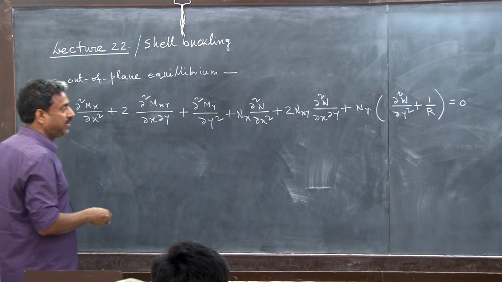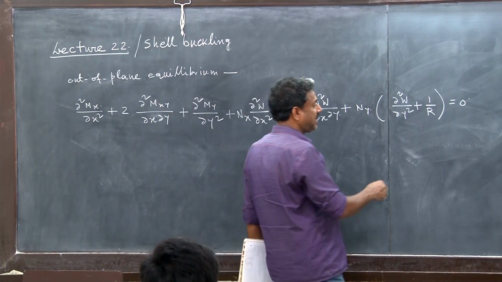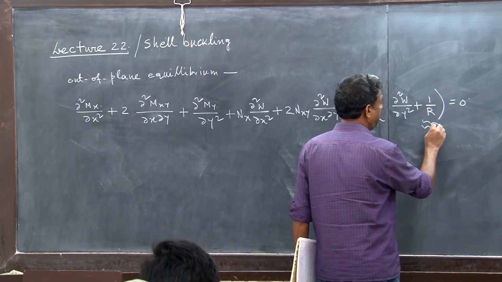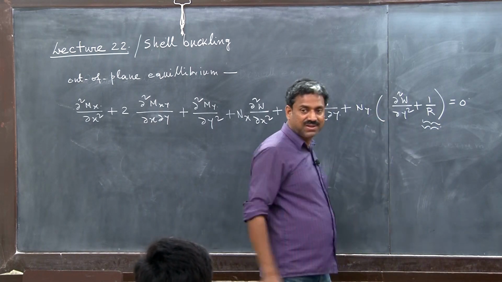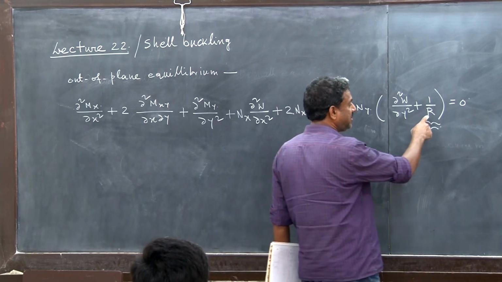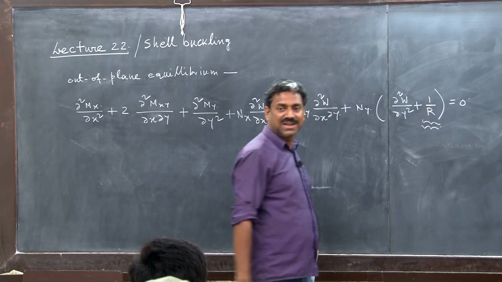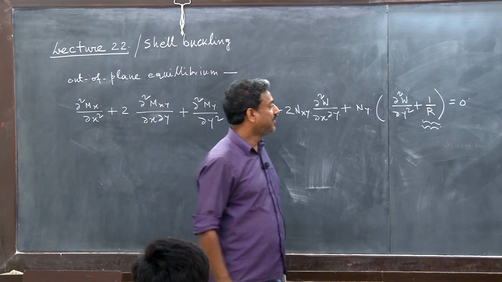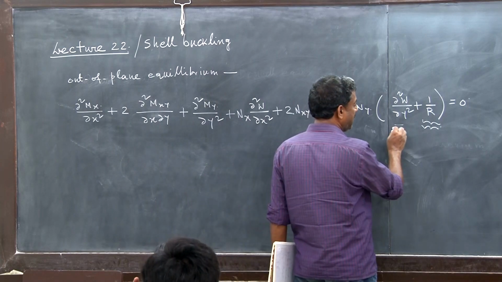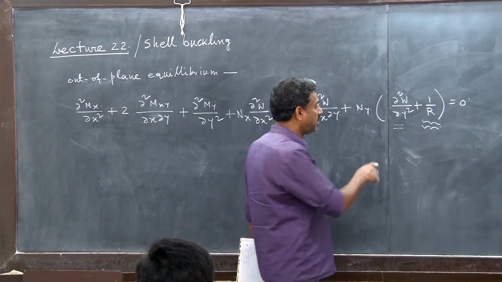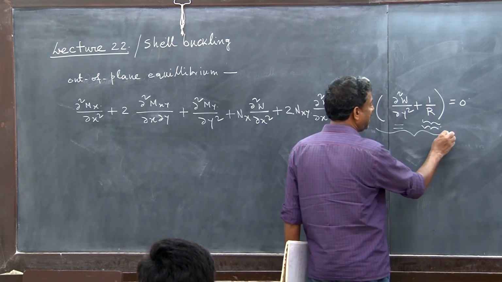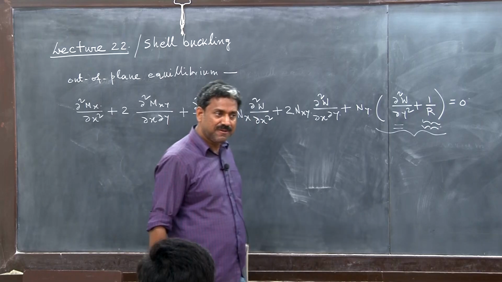Of course, you understand from where this 1 by r is coming, right? This 1 by r is coming from the curvature terms, from the bending, right? And this is the radius of curvature. So 1 by r is the curvature, right? So along with whatever curvature due to deformation, the existing curvature in the geometry is also contributing. Please try to understand this term, right? Both are curvature terms, right?